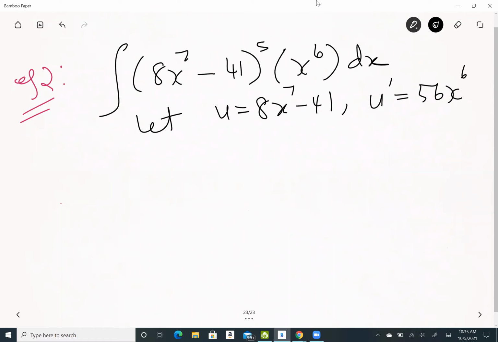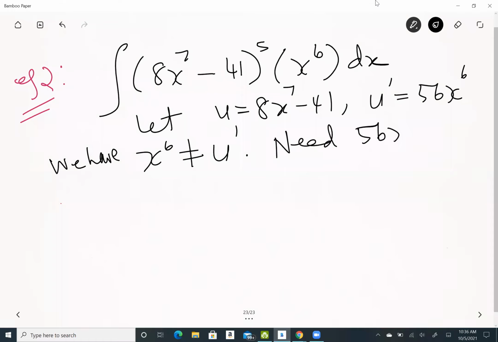What I have in the equation is x to the power of 6, and that is not equal to u prime. I need u prime. You need 56x to the power of 6, because that is the u prime.